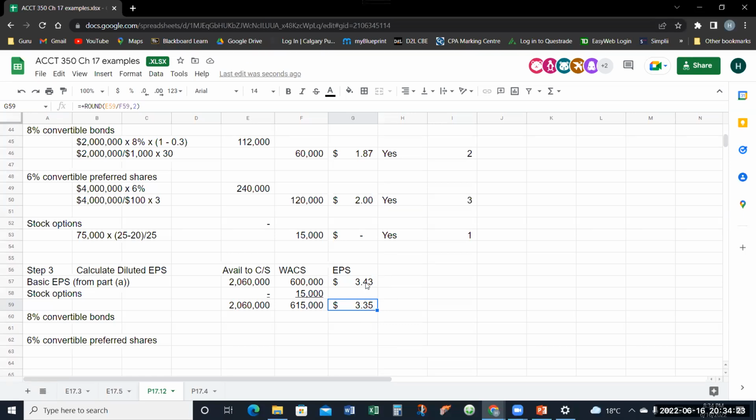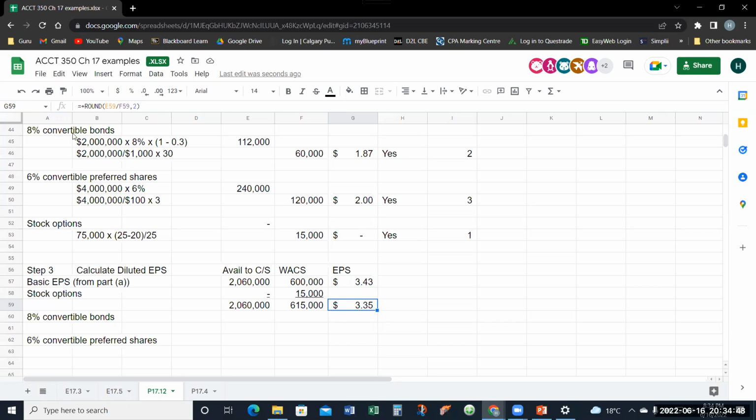Look at the $3.43 that it was earlier. Has the number gone down? Yes, so it is getting diluted. Diluted EPS, remember, is the worst case scenario. You're trying to report the lowest EPS possible if all of these potential common shares materialized. So keep going to the next one.